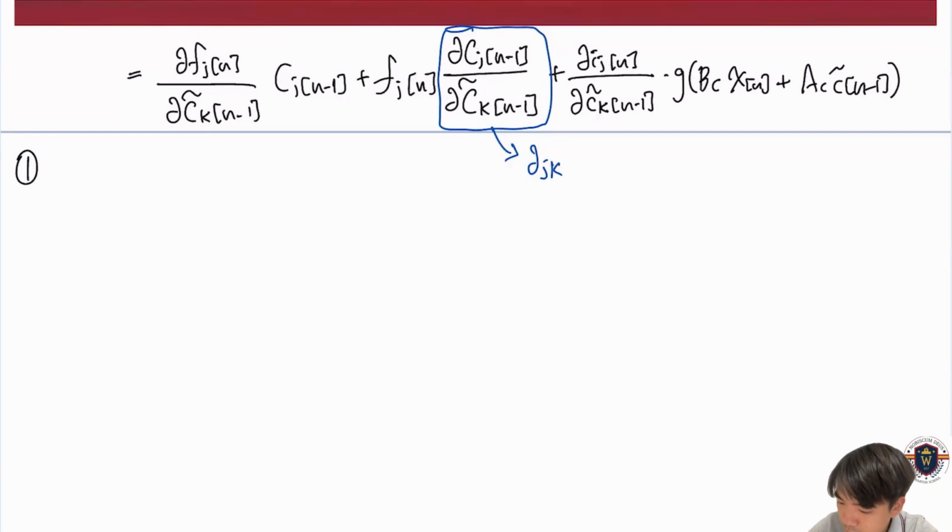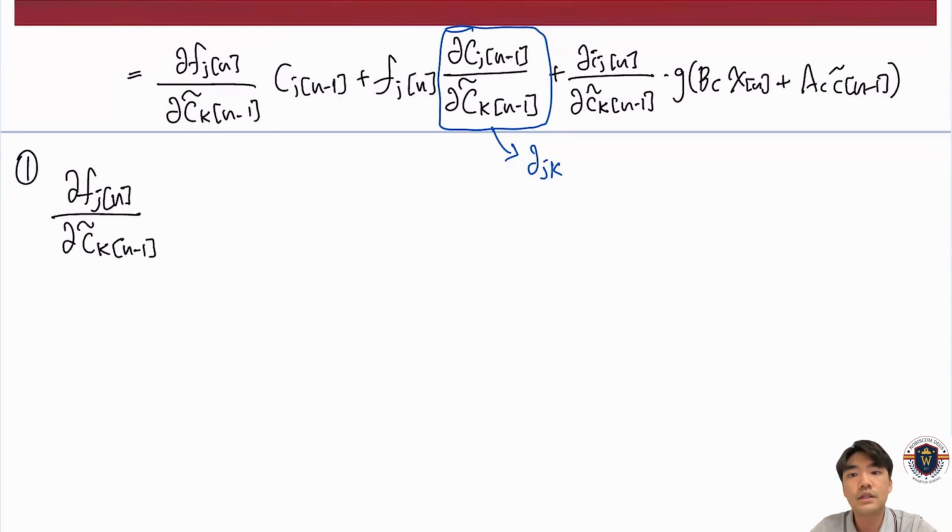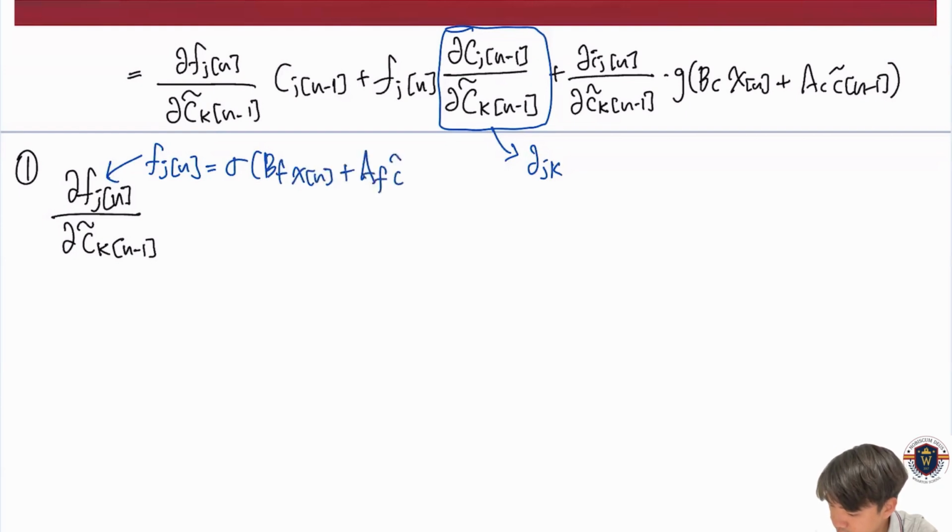The partial derivative of the forget gate Fj with respect to the candidate state Ck of the previous state depends on the previous state, right? So through the sigmoid function, we can just apply the sigmoid function here. Let's define it first. Fjn is the sigmoid function of Bf xn plus Af C tilde n minus 1.